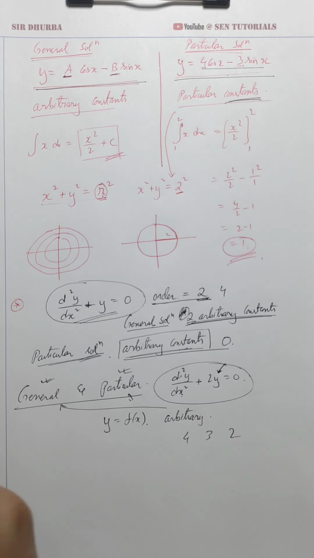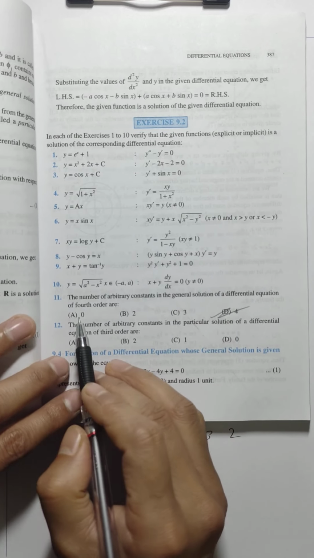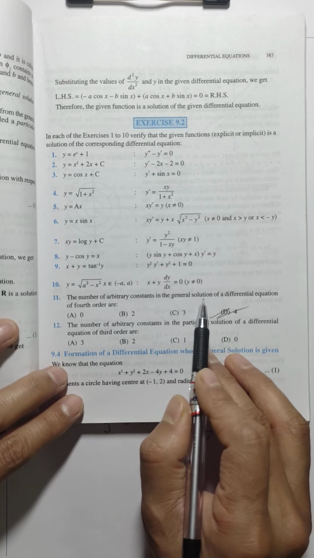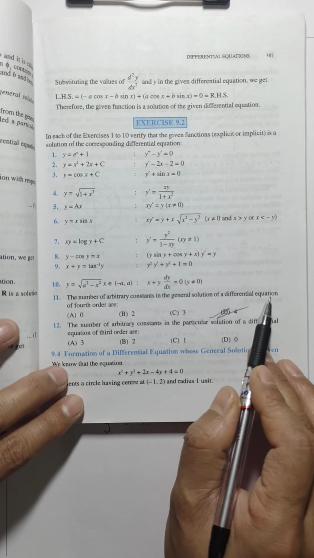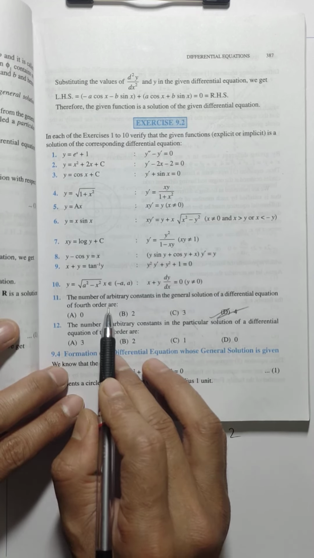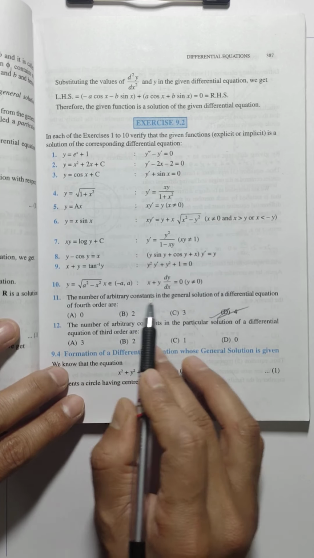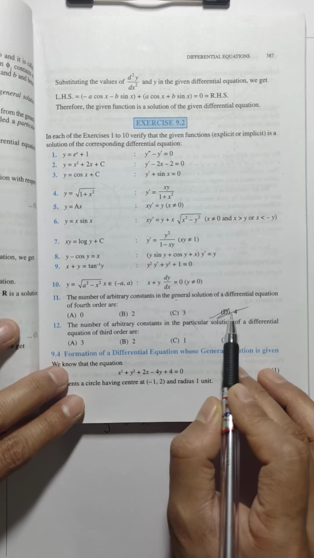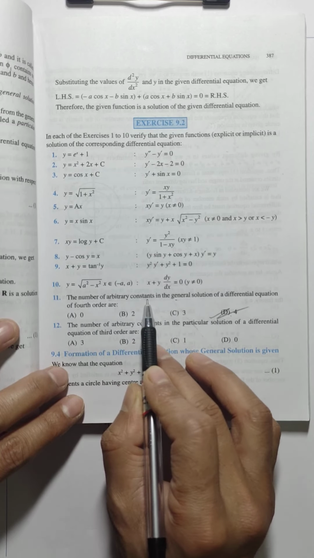Exactly what we have here is in question number 11. The number of arbitrary constants in the general solution of a differential equation of 4th order are, since it's a general solution of 4th order, there should be 4 arbitrary constants.